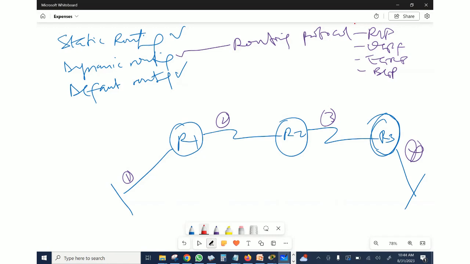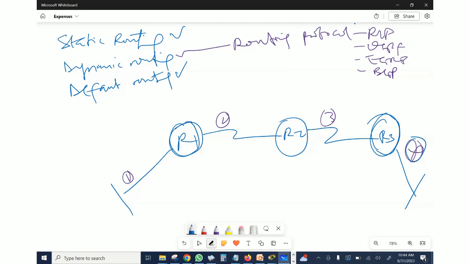You are manually telling router 1 that if you want to go to network 3, send your traffic to R2. Also, you are doing the configuration telling router 1 that if you want to go to network 4, send your traffic to R2.